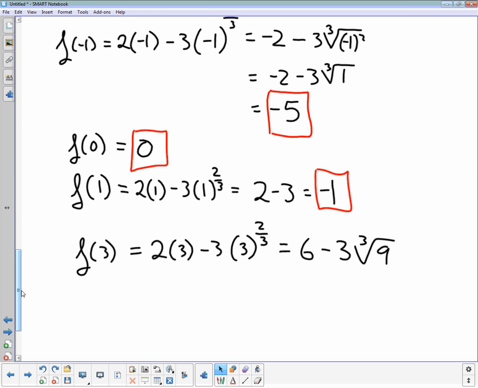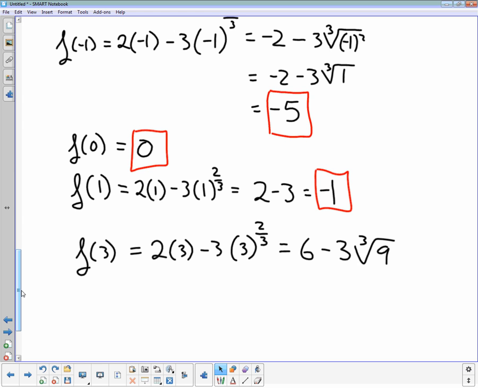Because if 6 minus 3 cube root of 9 is a positive number, then it's the highest point. Right now I've got a -5, -1, a 0. All of these are 0 or below. If f of 3 is positive, then it becomes my largest value, and that becomes my global maximum.